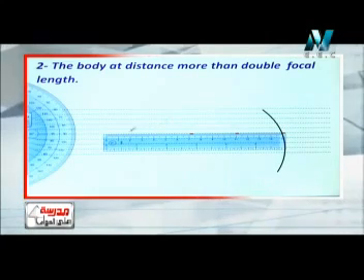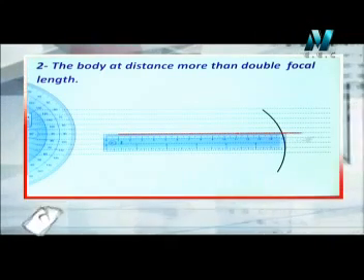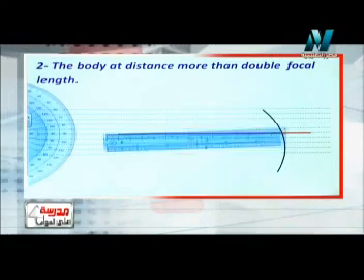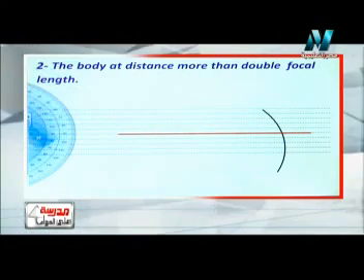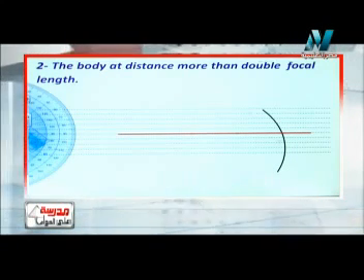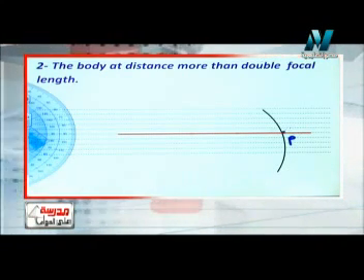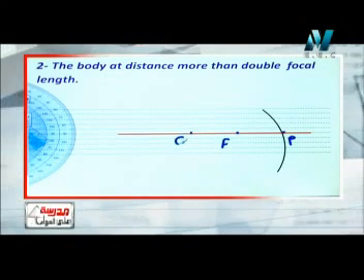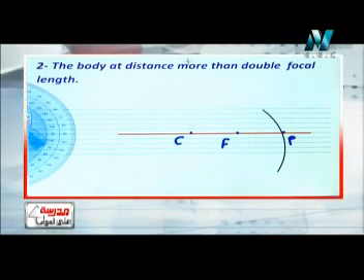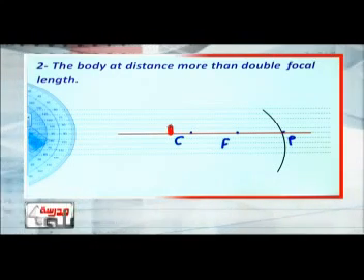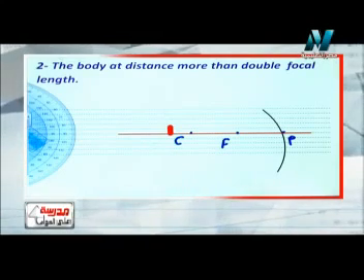Then we can put the principal axis. After we put the 2 points here, of course we have P, F and C. Object at distance more than double focal length, after center of curvature, as we agreed, after center of curvature.